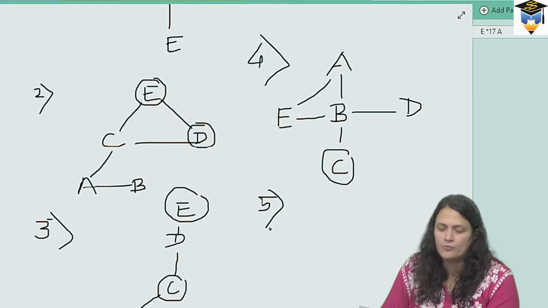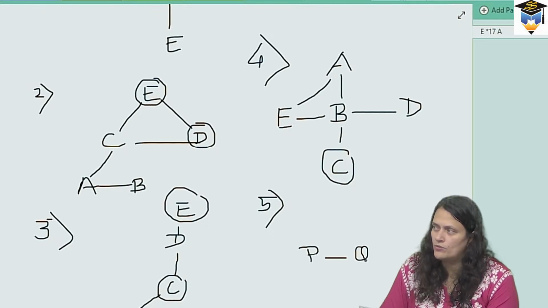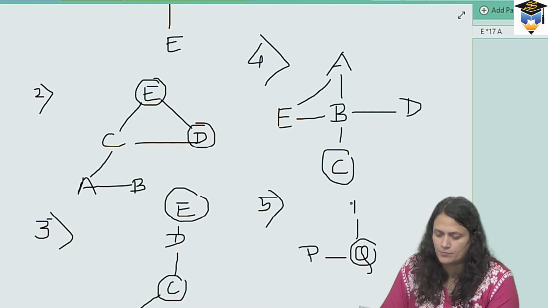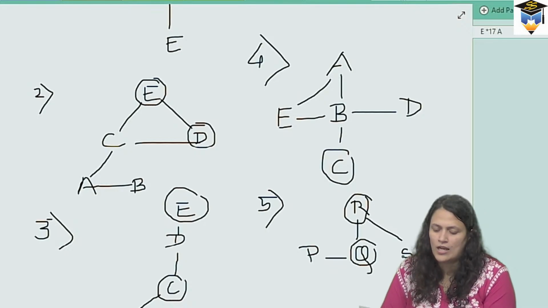Now the fifth one from the module. P and Q. Q is a sister. R is the mother, and R is also the mother of S. So who is R in relation to P?